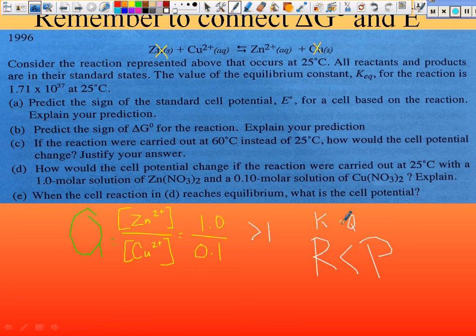So what's going to happen to cell potential? It's going to drop. Cell potential should drop. Yes, so Q is then greater than K. Very good point. All right, see, there's a lot of junk involved in here.